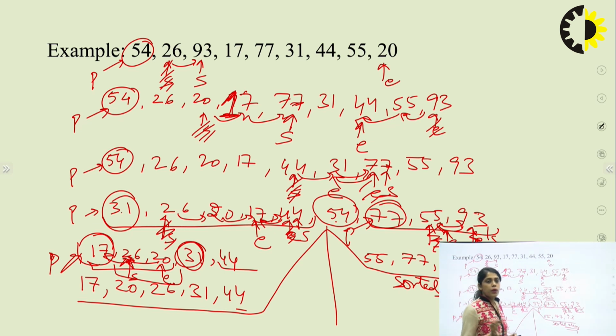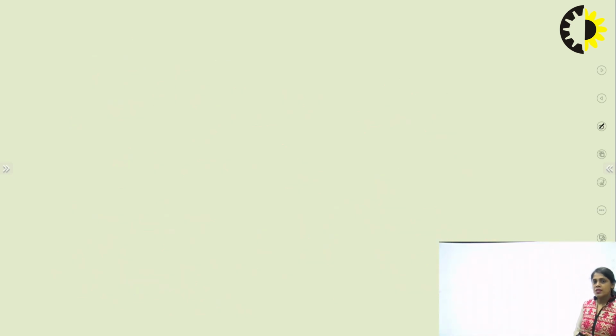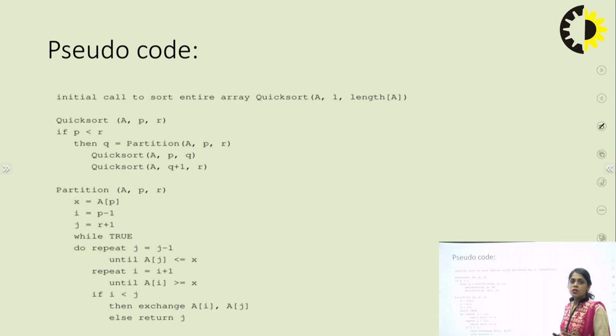So this is the way we have solved this quick sort method with the divide and conquer technique to sort a given unsorted array, where we have taken the pivot as the leftmost element. So let's have a look at its pseudocode. Basically, in this we have an array.